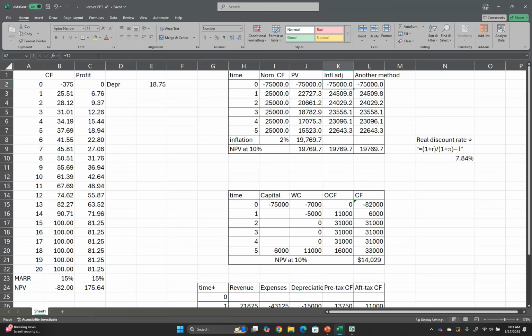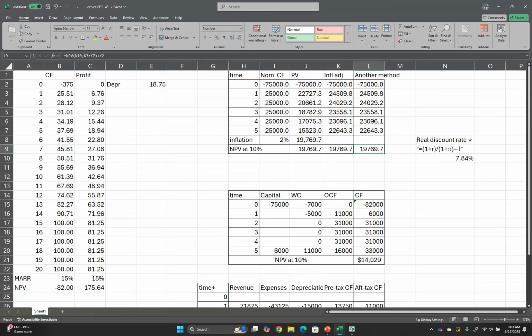Notice how the initial cash flow at time 0 has no difference between nominal and real, because it is what it is right now. And then we use the NPV function, as we saw again. This uses the real interest rate, which is 7.84%, and the cash flows that are real.